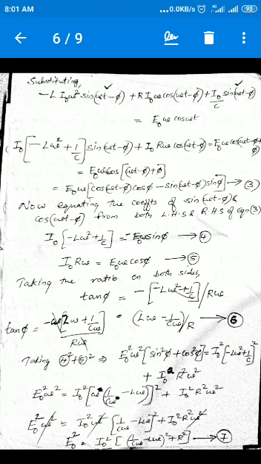For that, take equations 4 and 5, square them and add them.